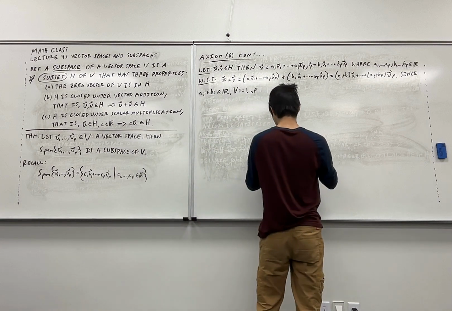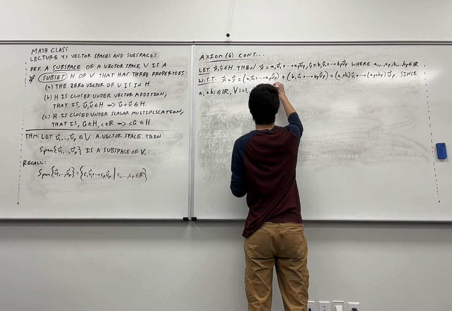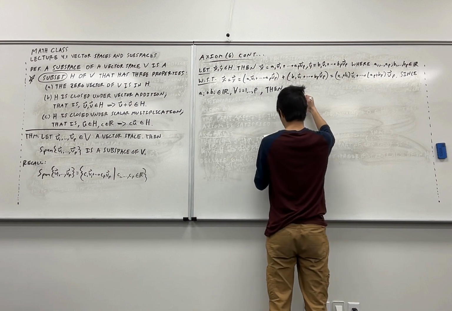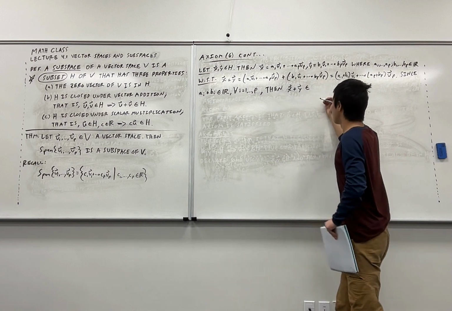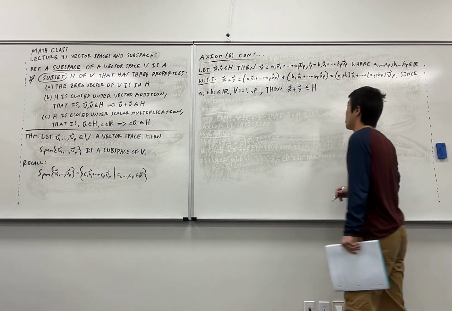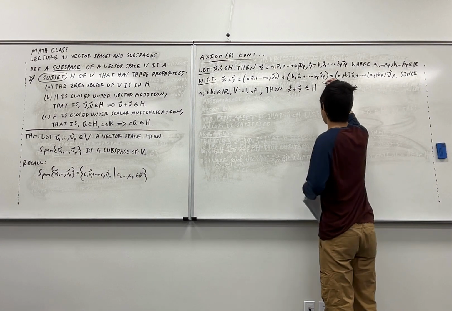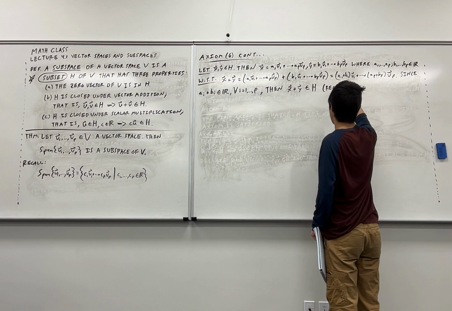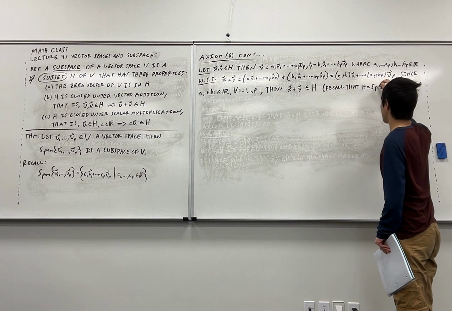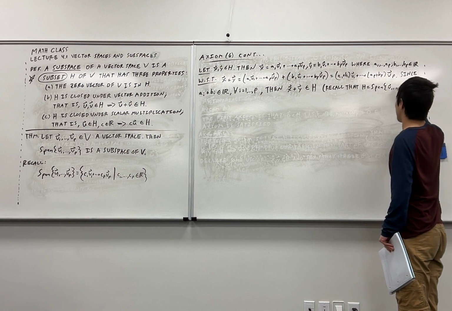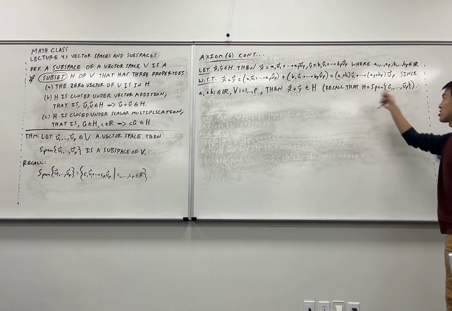So then, since this is true, just by definition, we've shown that x plus y is definitionally in the span, which we have been denoting as H. Okay, so recall that H is being used in place of span v1 through vp. Okay, so it's in the span.